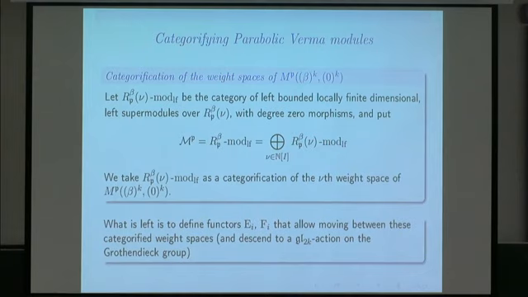Now take our R^P_beta of V modules, as a categorification of the new weight space of this parabolic Verma module. So now we have a candidate for the weight spaces. We need to define functors to move between them.